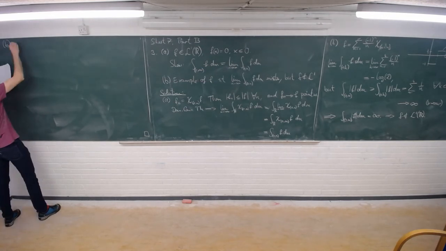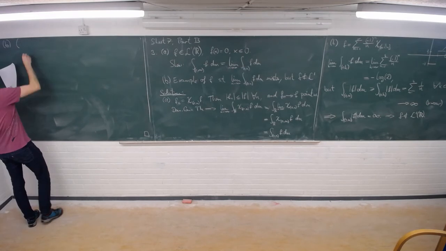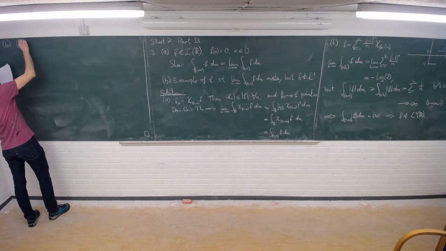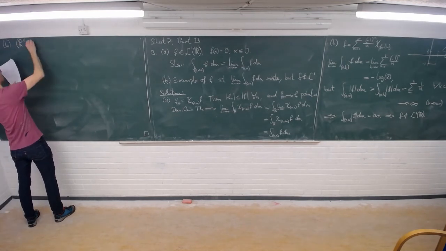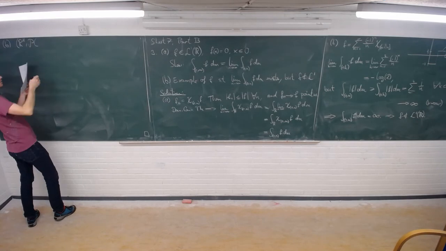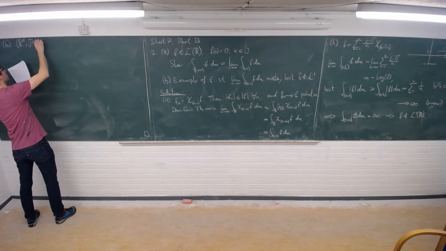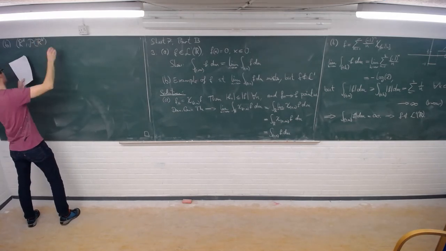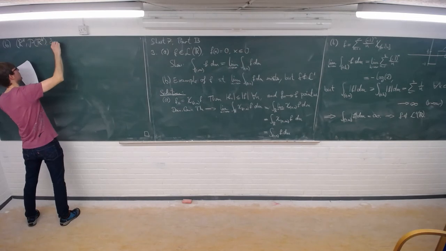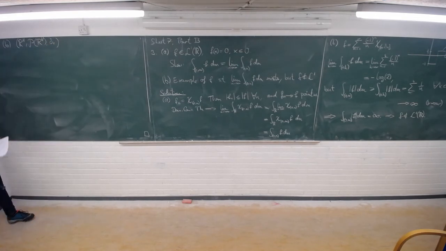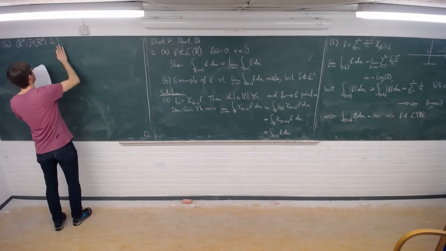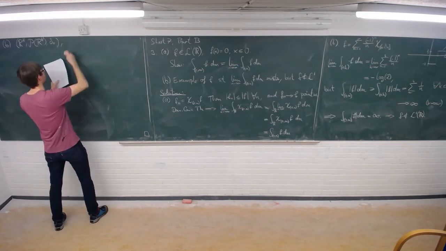In exercise 4b, the measure space was Rn. The sigma algebra was just the power set of Rn, and the measure was the Dirac measure at 0. And then I'm going to write down a short version.